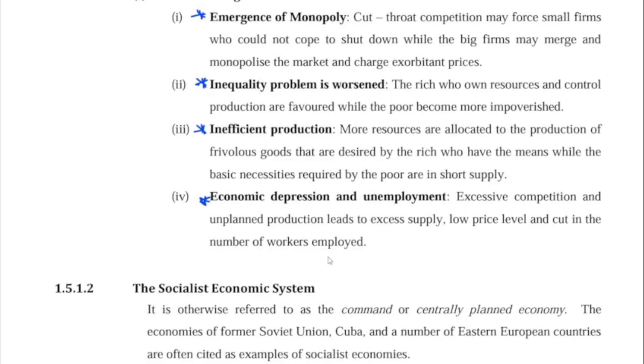When you reduce your material costs, definitely there's going to be a reduction in quality, and with a reduction in quality, people will not buy. So the first thing they do is to reduce cost. So we have 10 people doing this, how can we make 5 people do the same thing? So they send people off, and that leads to economic depression and unemployment. So that's that on the capitalist economy.